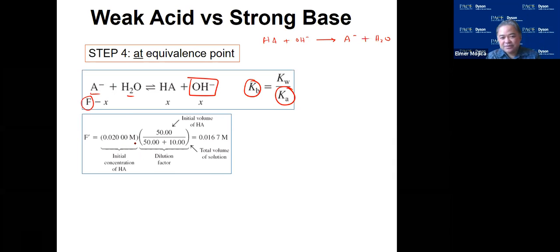But since this is already at equivalence point, we could say the initial volume of your weak acid divided by the total volume of the system, which is now 60. So you look at the contribution that he has there, so from 0.02 times 50 over 60, you end up with this one. So that's the one that you're going to use here.